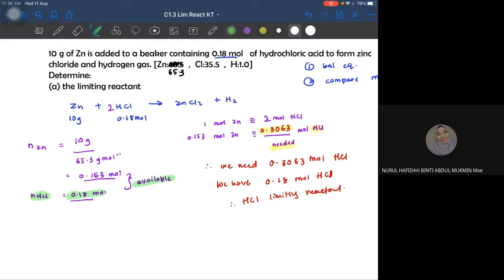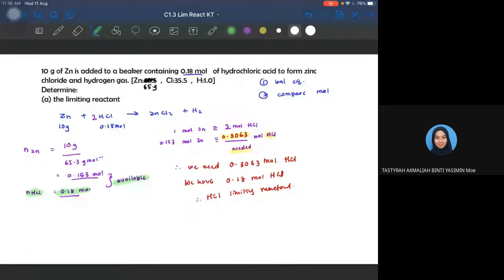Boleh? Boleh, Miss. Siapa yang prefer method tu, kamu boleh cuba method tu and you will get the same conclusion. HCl adalah limiting reactant. Okay, so A dah settle.